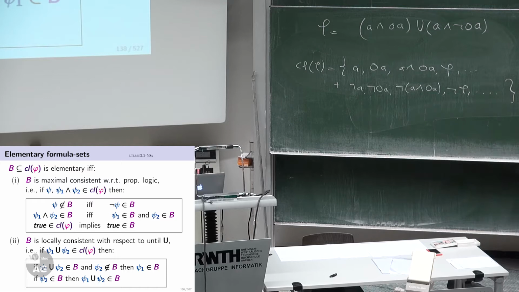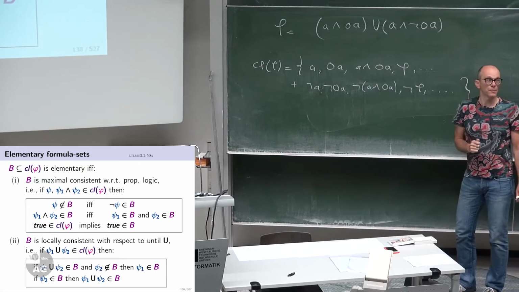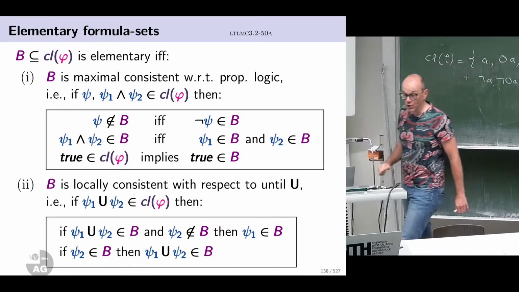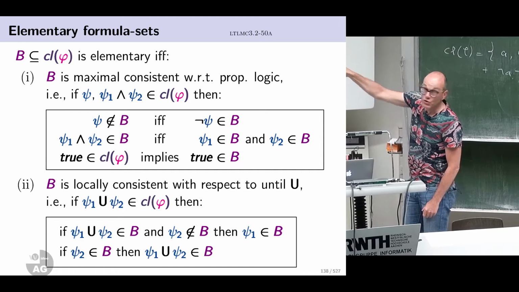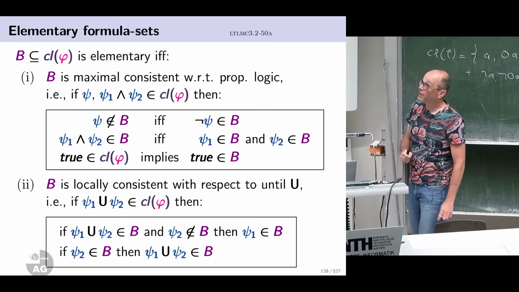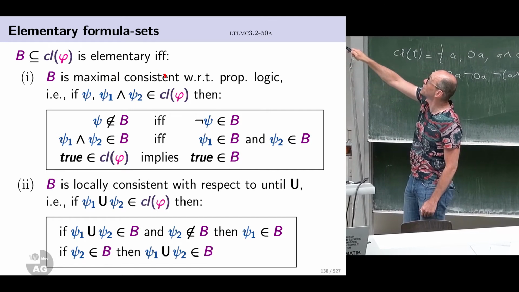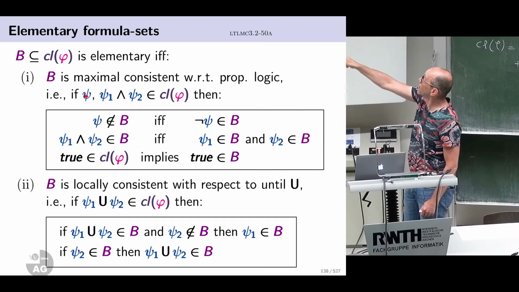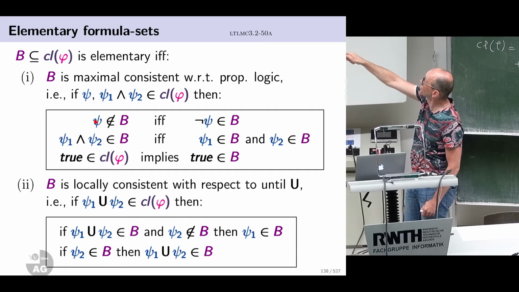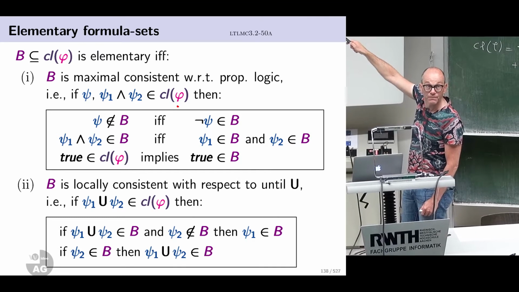Now the key idea is that the states of the automaton are provided by taking certain subsets of this set. Then the question is, which subsets are we allowed to pick? And they are what we call the elementary sets. So just briefly, we take a subset B of these subformulas, and we call it elementary, and there are basically two conditions. The first one says it's maximal consistent with respect to propositional logic. That means the following: if a formula psi is in the closure, then the first rule says if you did not select psi, then you should select its negation.